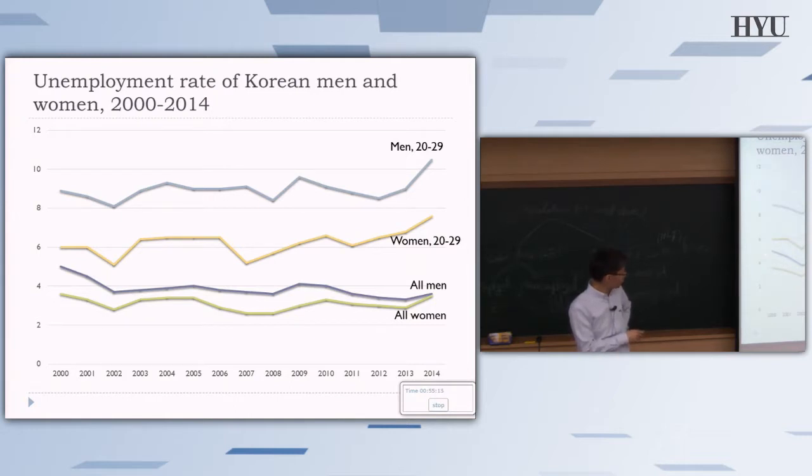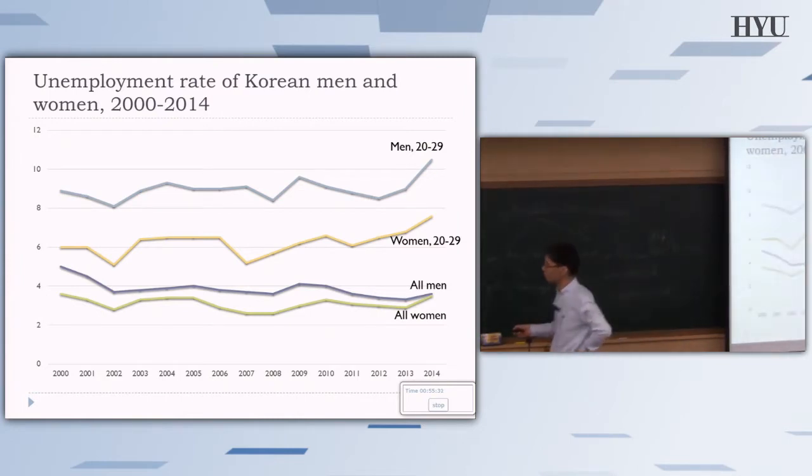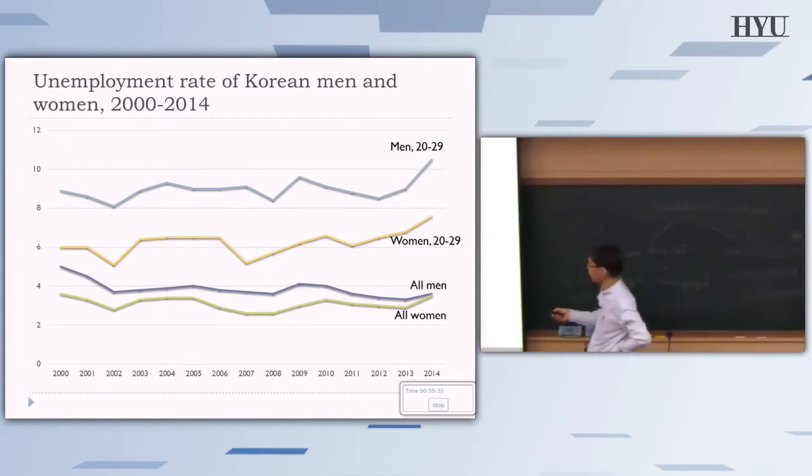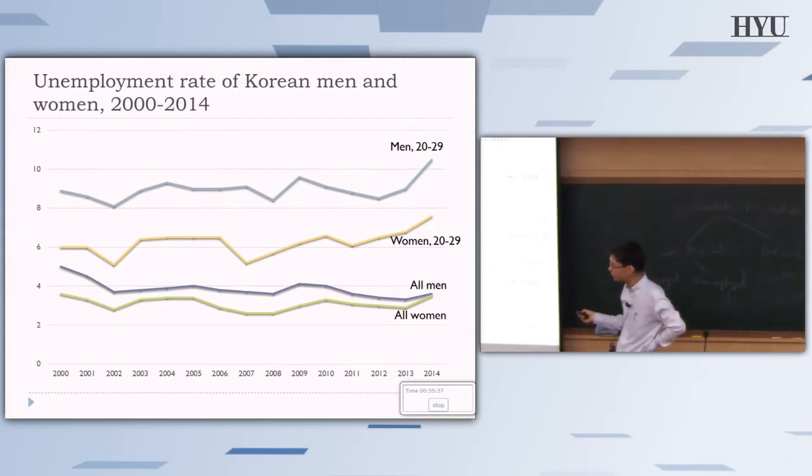Before 2000, we had a higher unemployment rate, mostly because we had a financial crisis at the end of 1997. So that number was pretty big, but Korea recovered quite quickly. And since 2000, we're around 4%, even lower than 4%.